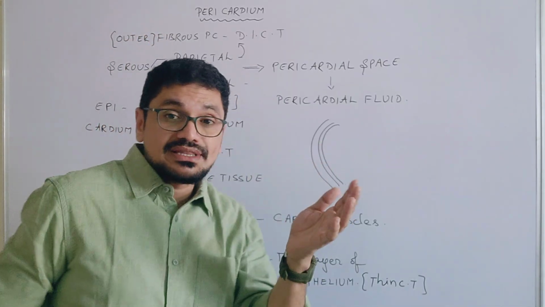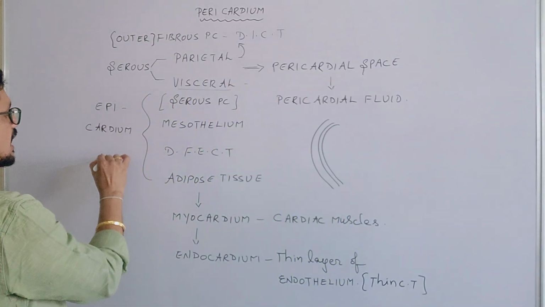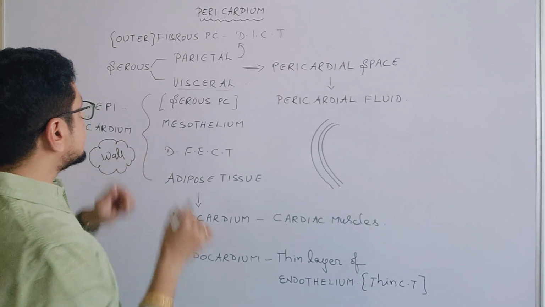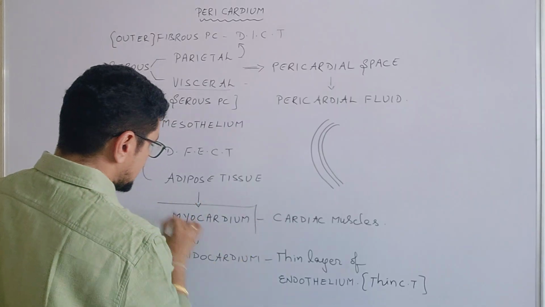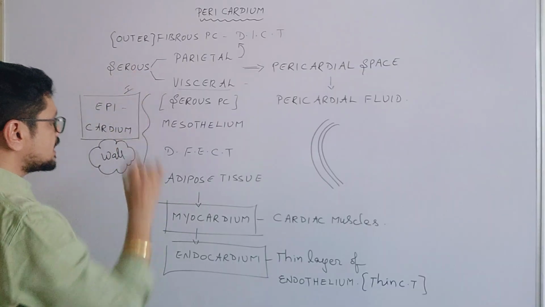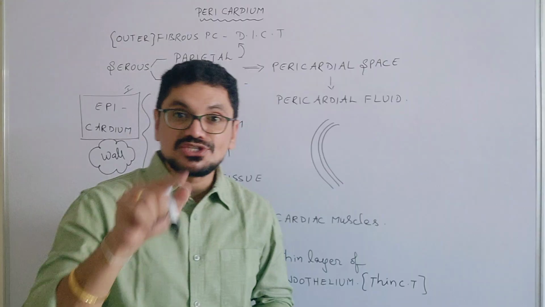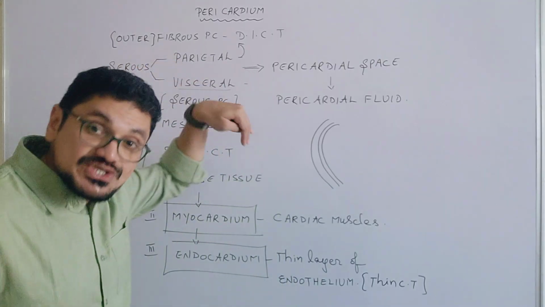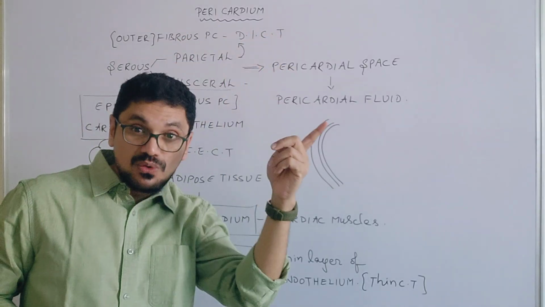The wall of the heart contains number 1 epicardium, number 2 myocardium, number 3 endocardium, with the epicardium being the outer one. These are the layers present in the wall of the heart, and the two pericardial layers surround the heart. That is why we consider it: peri means surrounding, cardium means heart, pericardium.